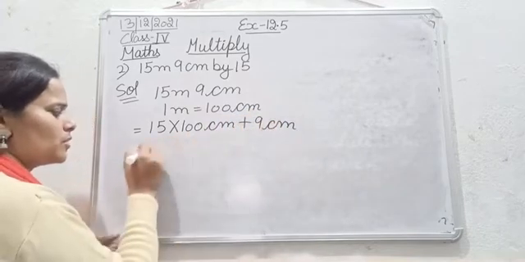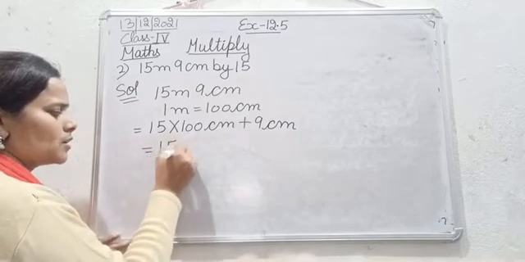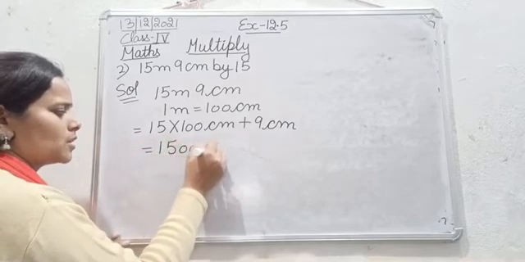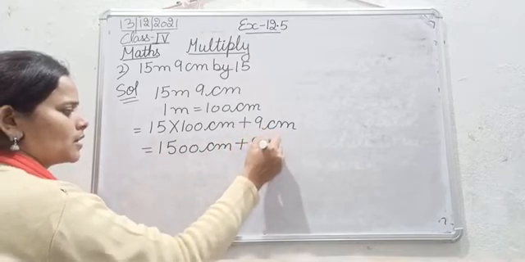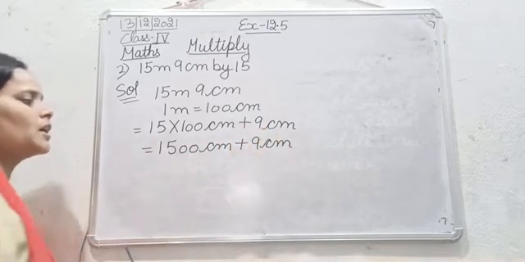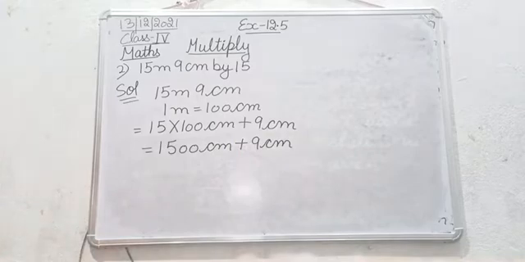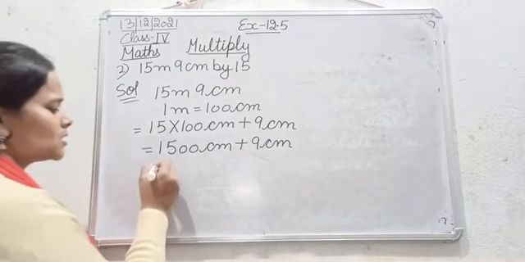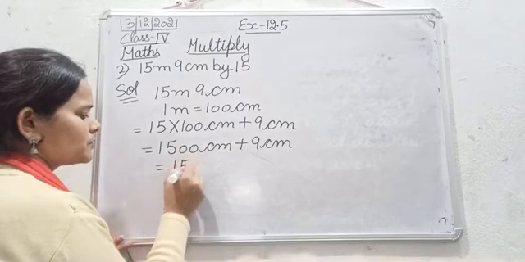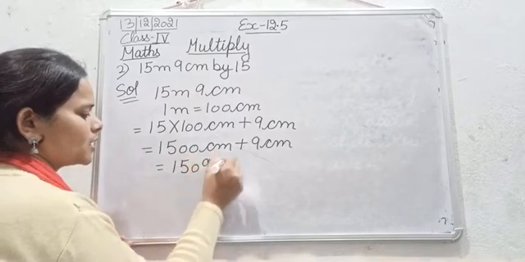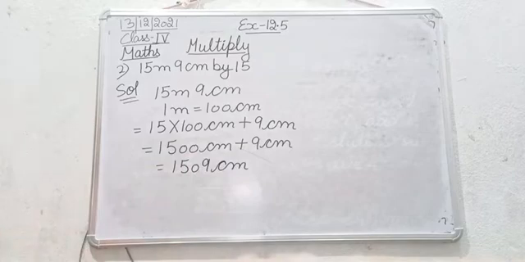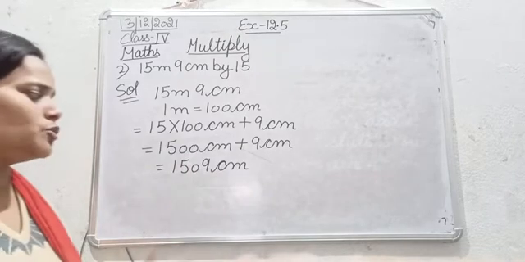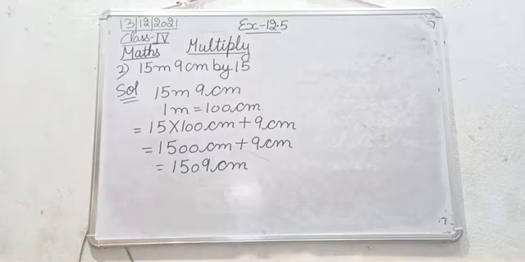So 15 into 100 is 1500 centimeter plus 9 centimeter, this is 1509 centimeter. So after conversion we got 1509 centimeter. Now we need to multiply it with 15.